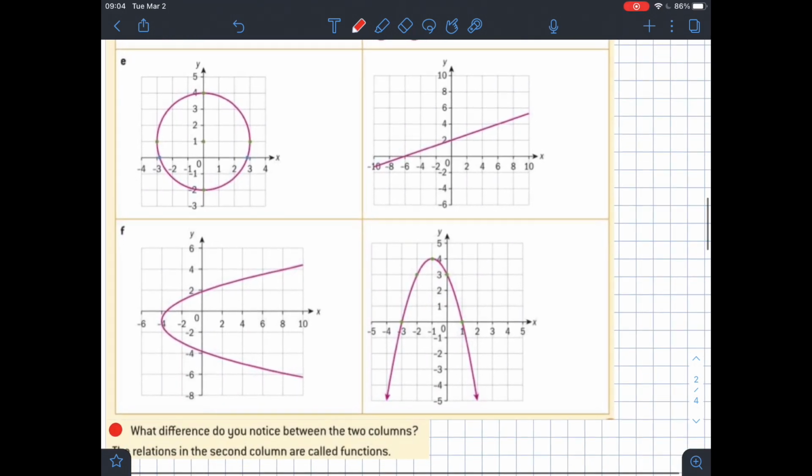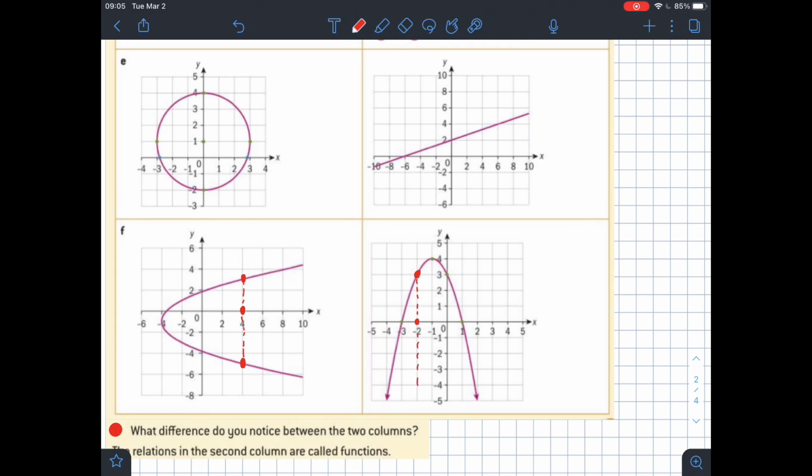And we see the same thing here in part F. You see that, for example, let's look at 4 here. For x equals 4, we have one value of y right here and another value of y right here. While in this case, if we take a look at -2, there's only one value of y.